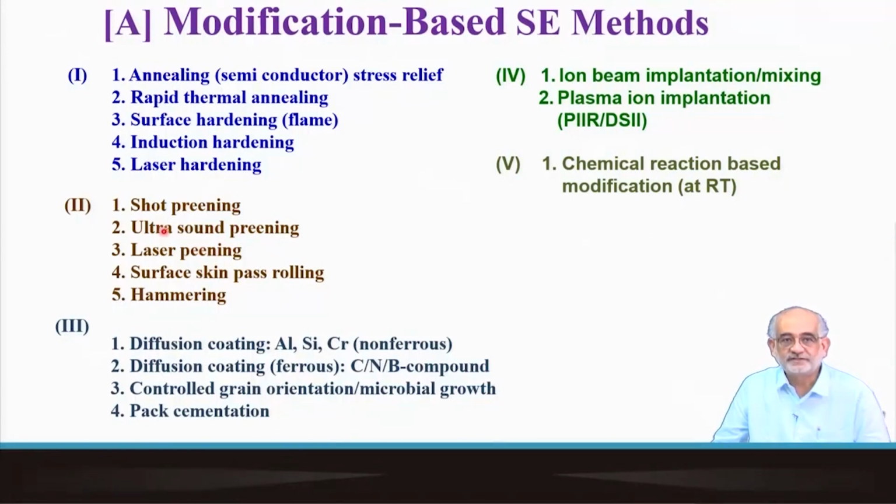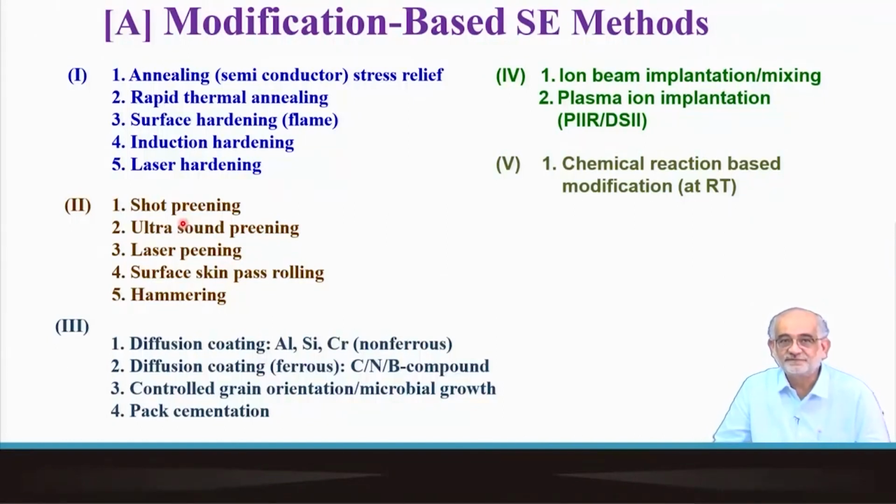I can do it by shot peening, for example. When I say shot peening, I mean basically imagine small spherical objects. In the limit, you can even think of sand particles if they are spherical. Otherwise, you have to take metal shots, maybe steel balls or ceramic shots, and you throw a large population of them at some specific speed, so they carry certain momentum, they hit the surface and create a very thin deformation region on the surface.